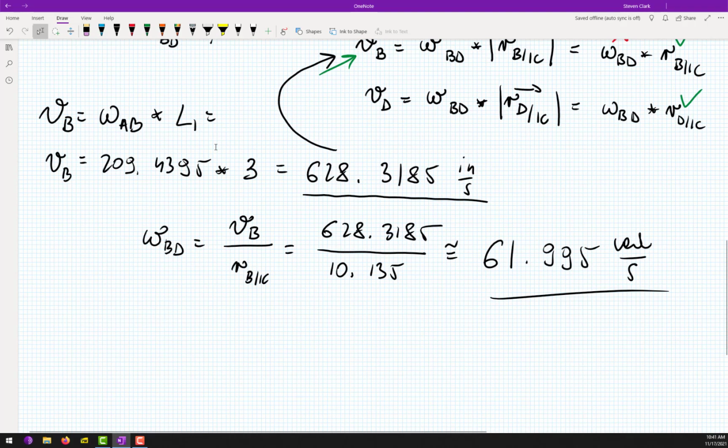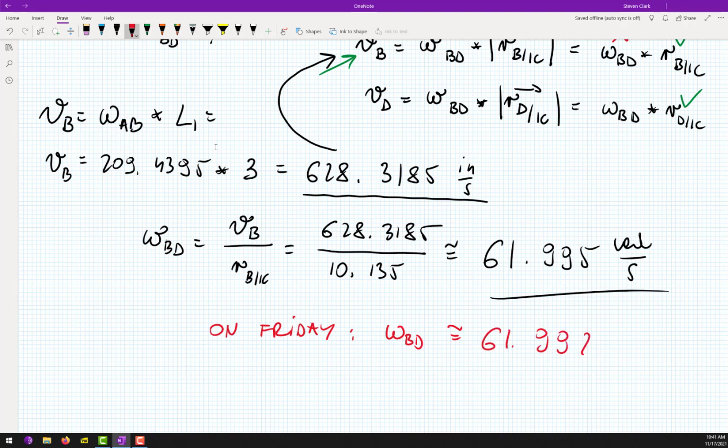And by the way, on Friday we found that omega BD was approximately 61.9929 radians per second. If you don't believe me, look at your notes from Friday.